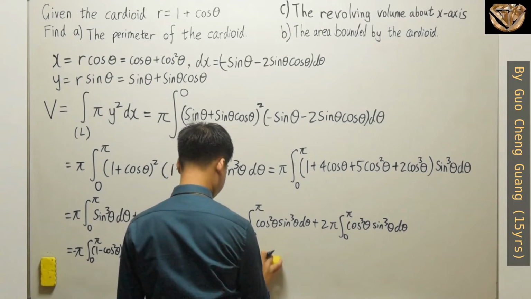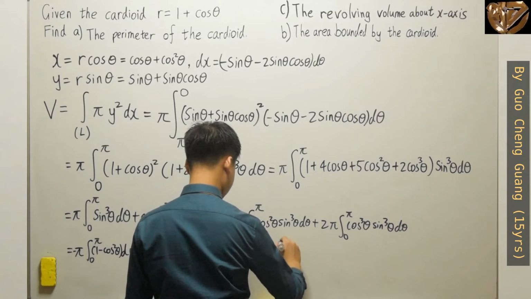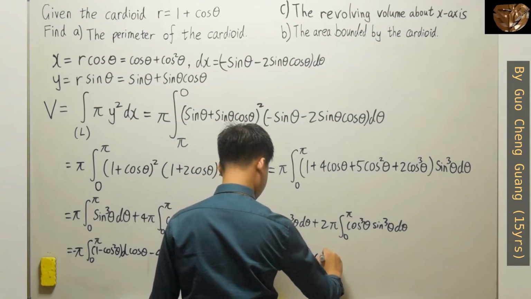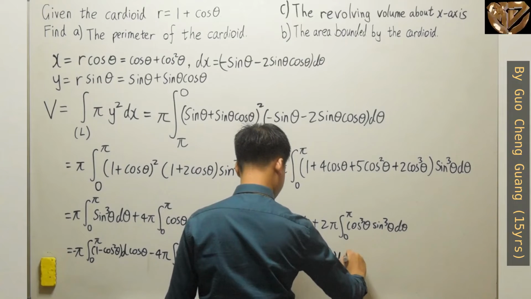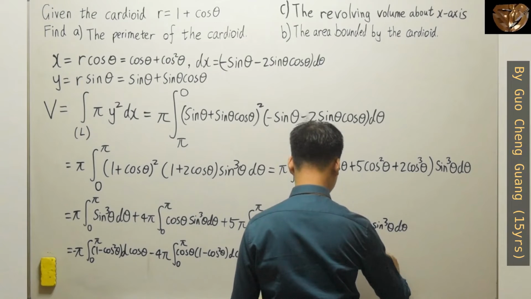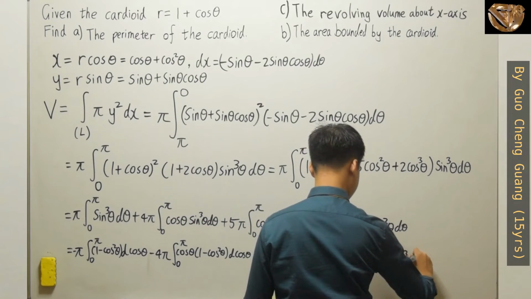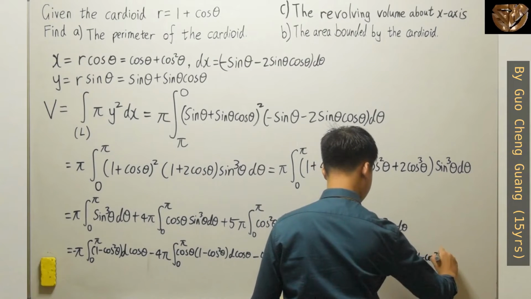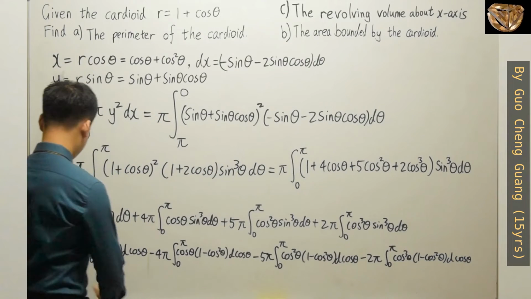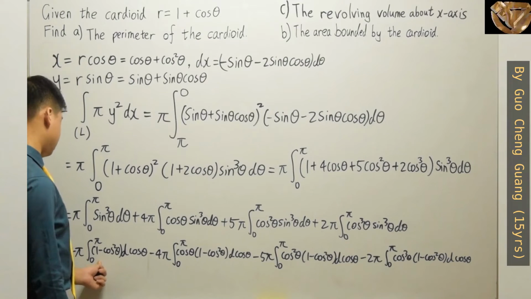And then you'll have minus 5 pi, integrate 0 to pi cosine square theta, 1 minus cosine square theta d cosine theta, and then minus 2 pi, integrate from 0 to pi cosine cube theta, 1 minus cosine square theta d cosine theta.